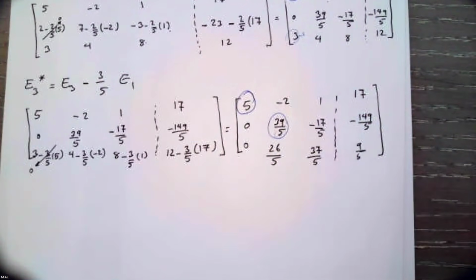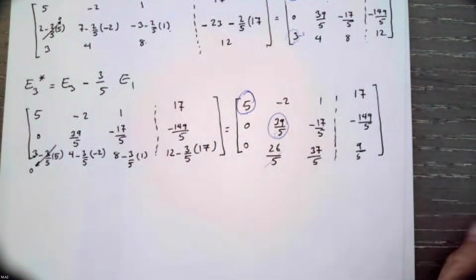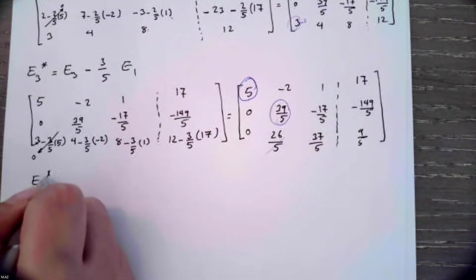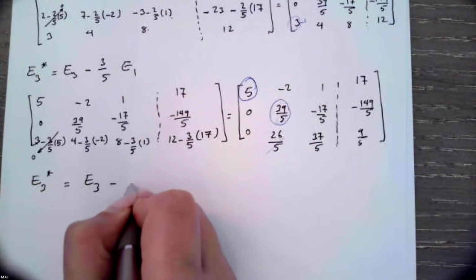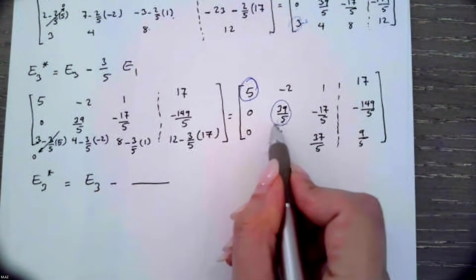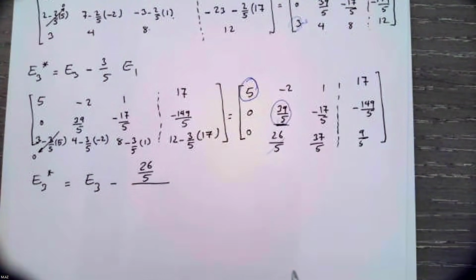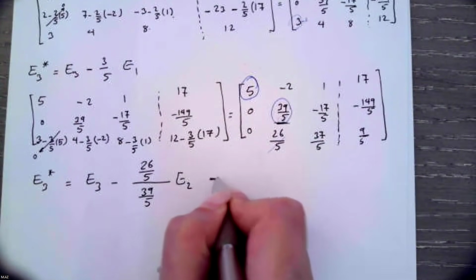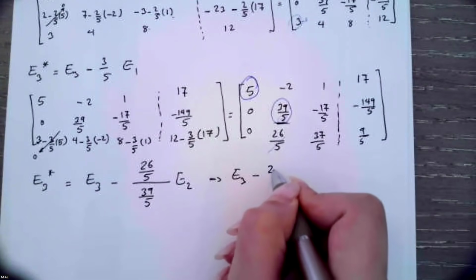Again, by applying elementary row operations, we turn this element to 0. Okay, we have equation 3 minus, we have to create the negative 26 over 5 based on these elements. By simplifying, we have equation 3 minus 26.